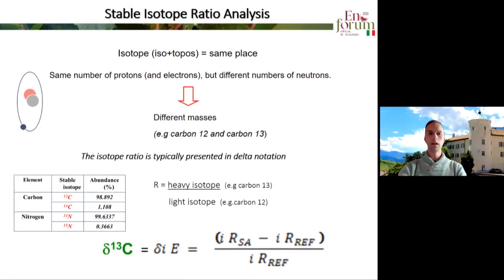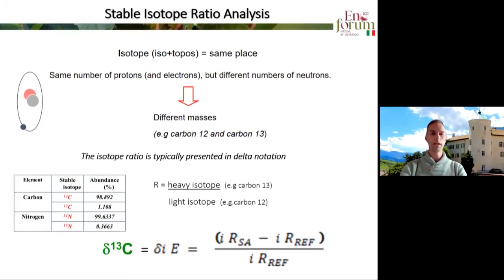The analysis entails that you measure the ratio between the heavy isotope, carbon 13, and the light isotope, which is carbon 12. And that is expressed in relation to international standards of reference.